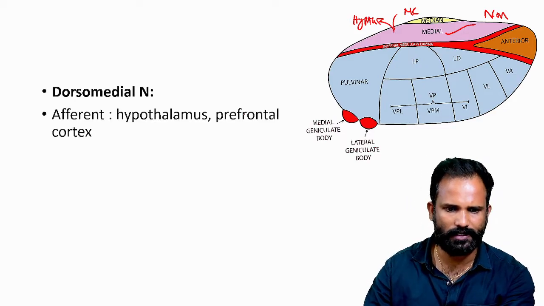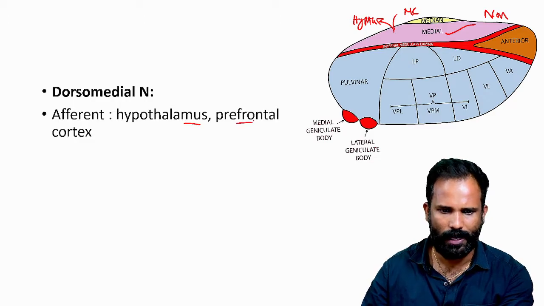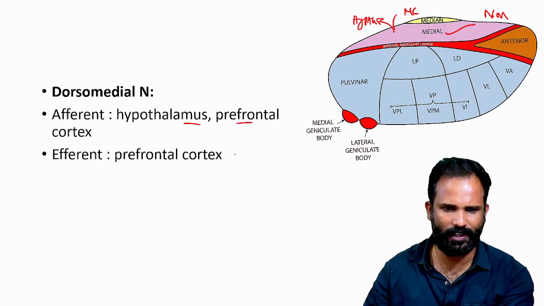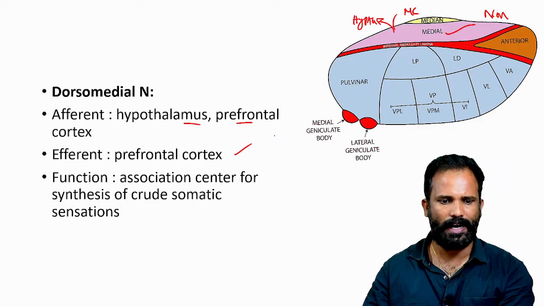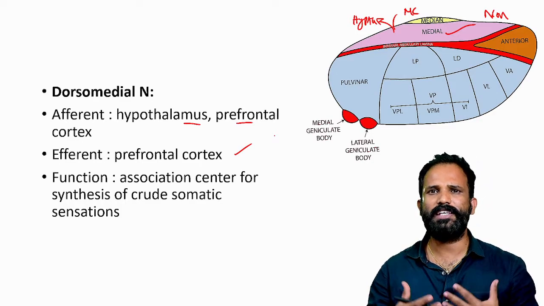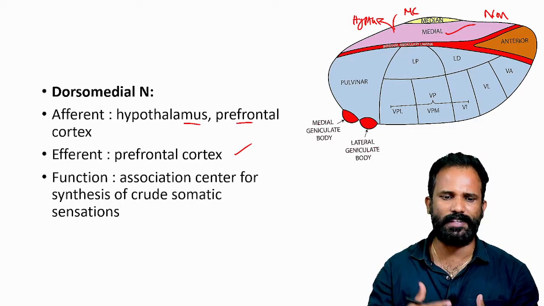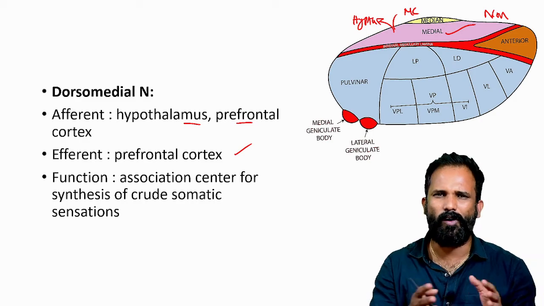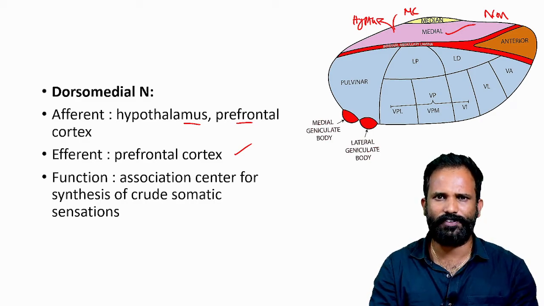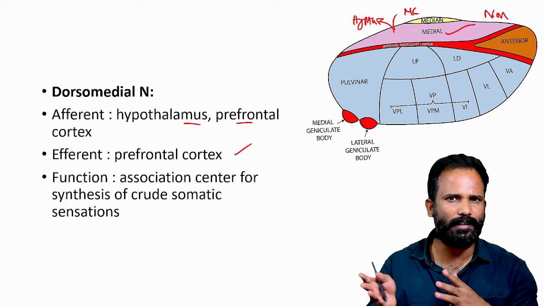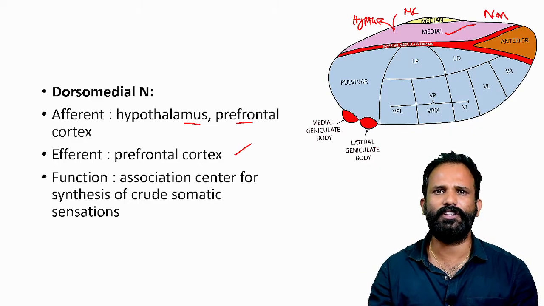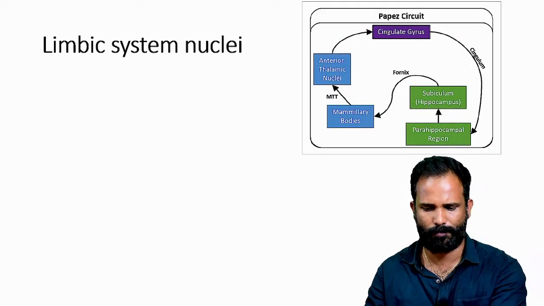Dorsomedial nucleus, afferent is hypothalamus and prefrontal cortex, efferent is prefrontal cortex and is the association center for synthesis of crude sensations. So all these non-specific nuclei or midline nuclei or intralaminar nuclei are concerned with crude sensations.